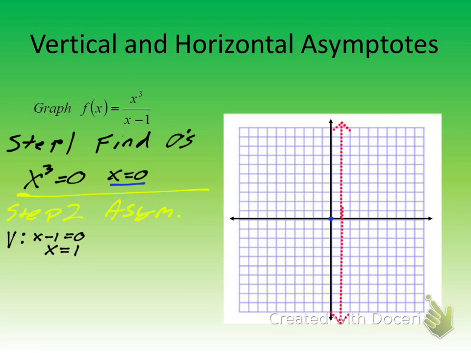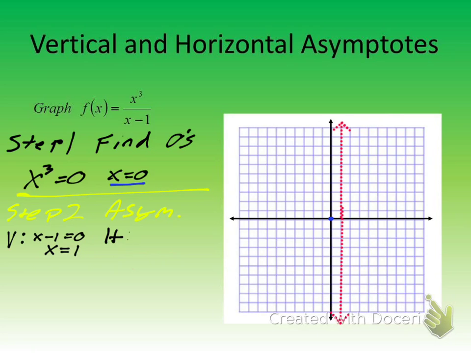So there's your vertical asymptote. Now for your horizontal, let's try that one more time. You have to tell me which one of those three cases you're in. For your horizontal asymptote, you look at your degrees.